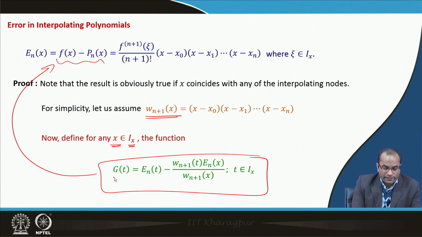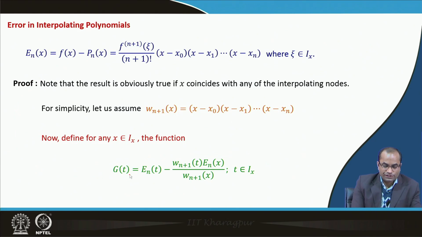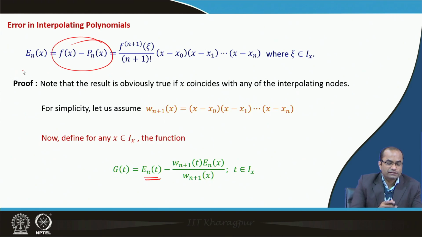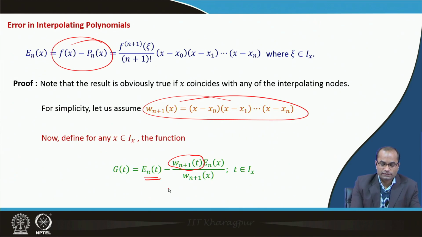So, we define this function g(t) as E_n(t), where E_n is defined already, that is the difference between f(x) and the polynomial p(x). So, here we have E_n(t), then we use here this w_{n+1}(t), which is already defined here as w_{n+1}(x).